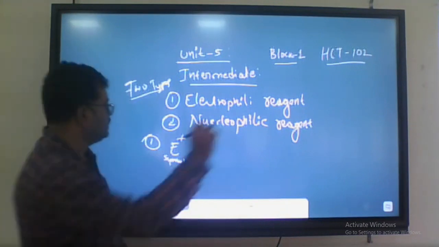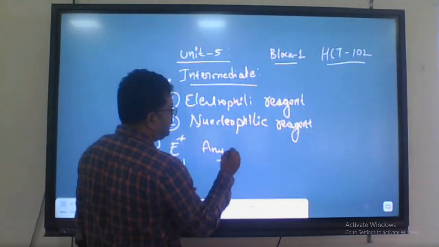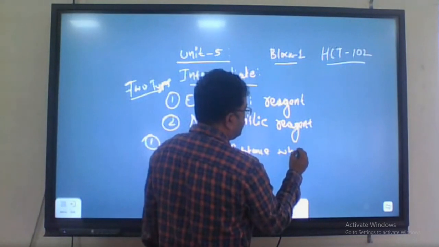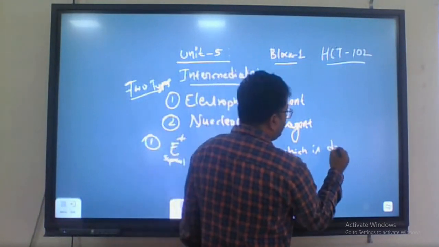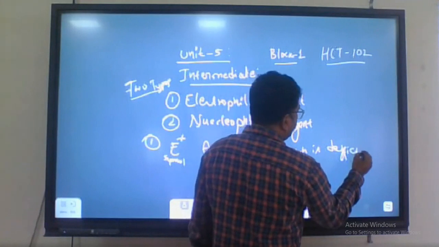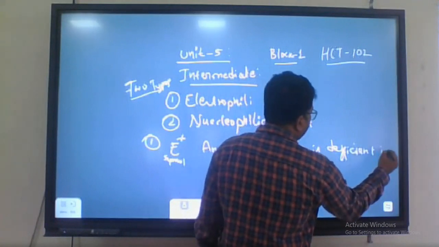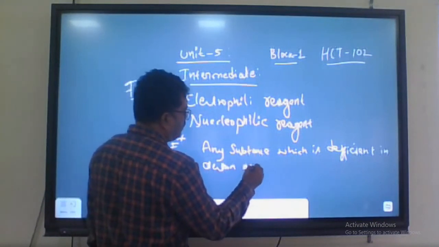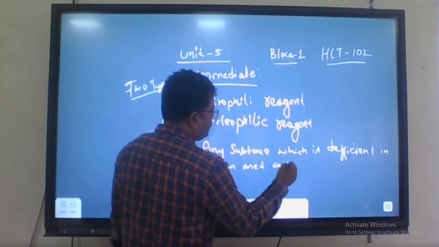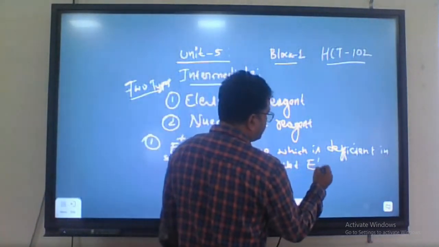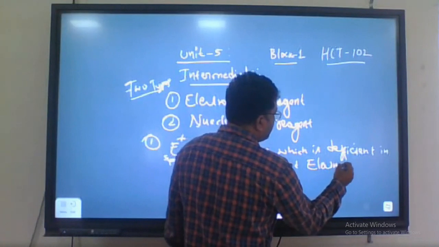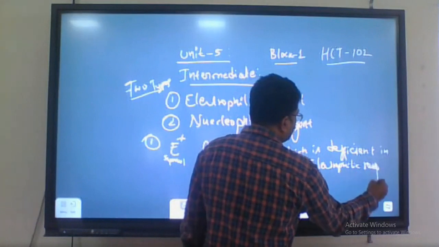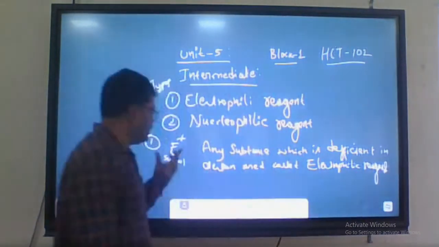Any substance which is deficient in electrons is called an electrophile, or electrophilic reagent. The symbol is E plus.